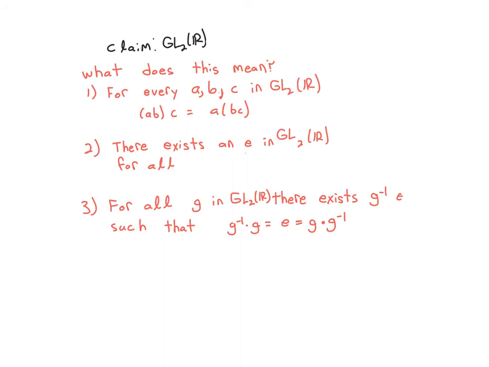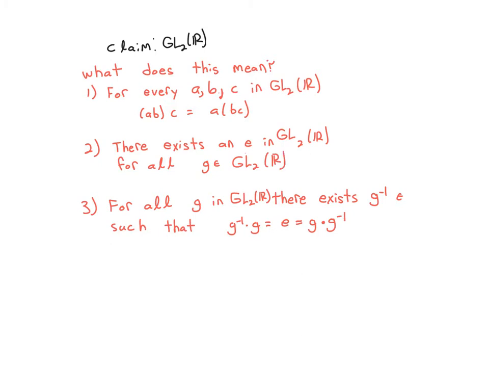For every 3 elements, A, B, and C in GL2R, we have associativity. Now, for the purposes of proofs, these 3 elements should be matrices. So when we do the proof, we're going to use matrices instead of lowercase letters. The next part is that you have an identity, which states that there exists an E in the set of matrices.